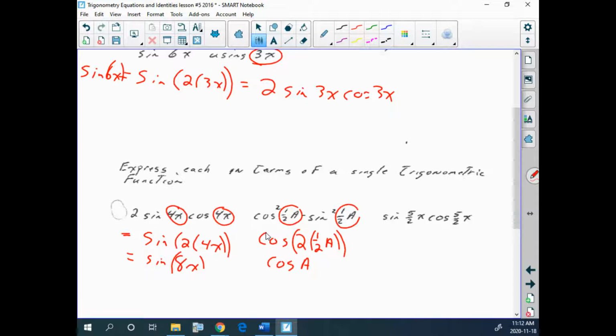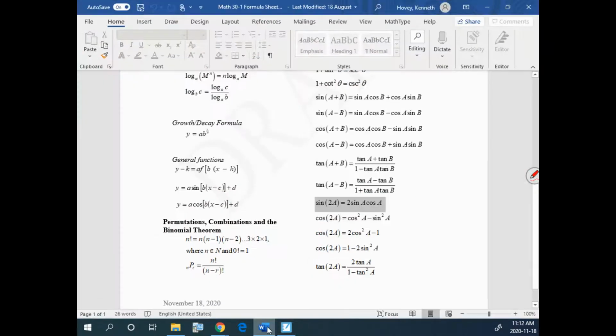Now this one here, sine of an angle times cos of an angle. Well, we have 2 times sine of an angle, cosine of an angle, but we don't have one that's just 1. We don't have one that can be replaced right away.